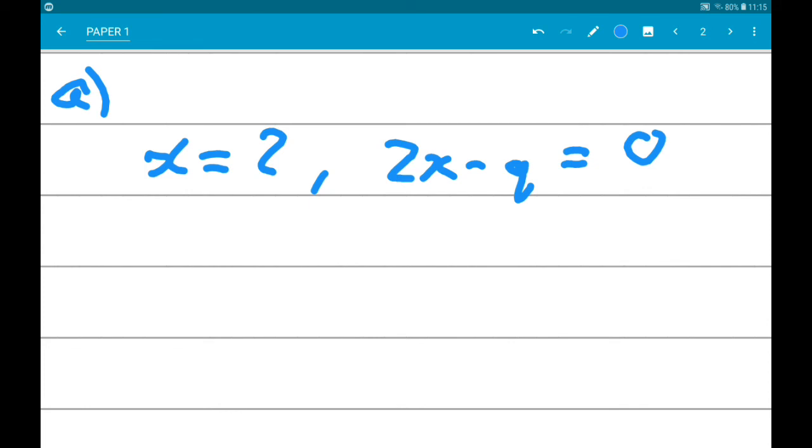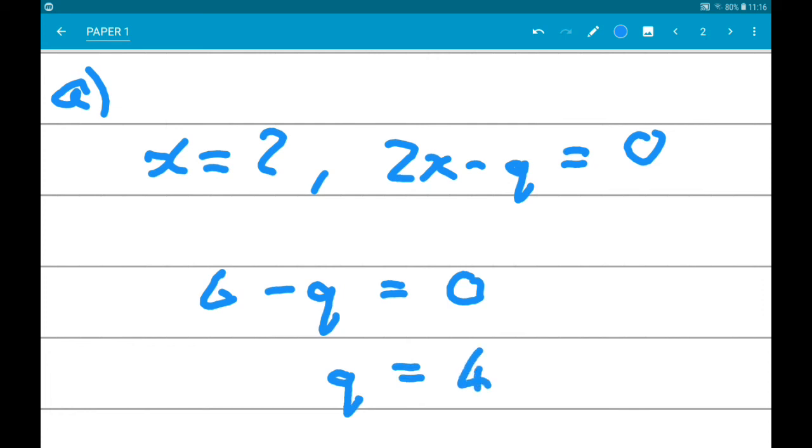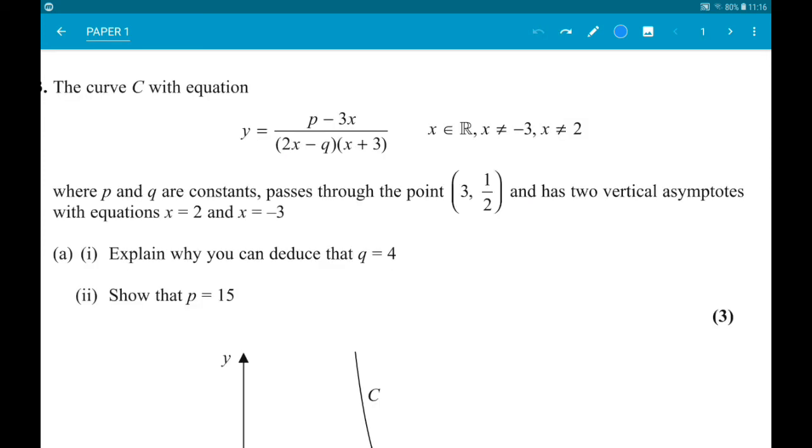So 4 minus q is 0. So Q is 4. Now, the other asymptote is at x equals minus 3, because that's the value of x that makes x add 3, 0.